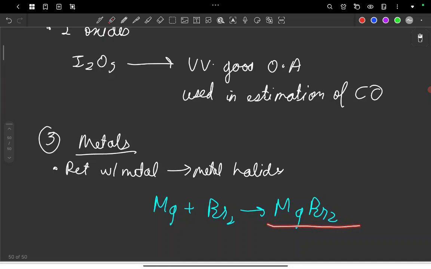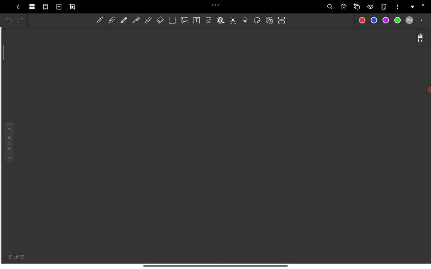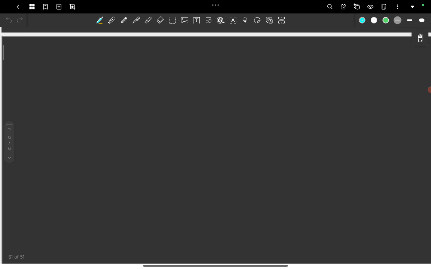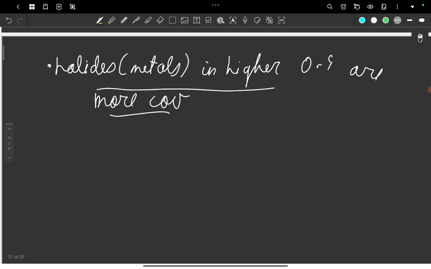Metal halide is basically the same metal with a halide. The halides of metals in higher oxidation state are more covalent than the ones in lower oxidation state.